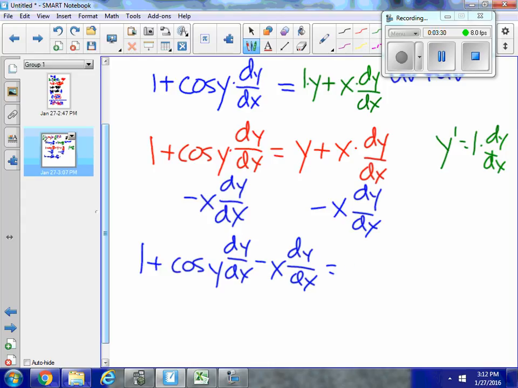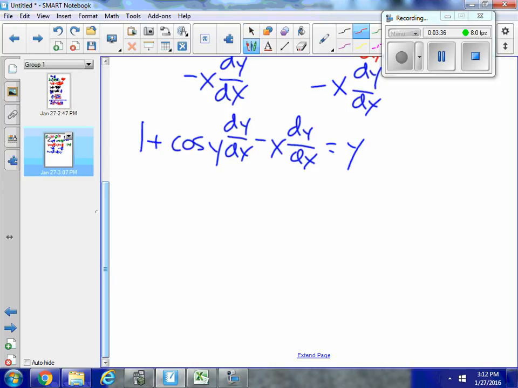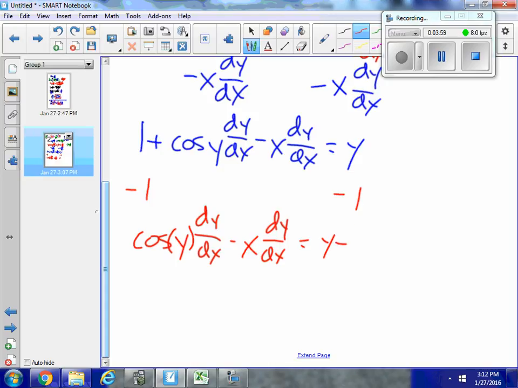And I want to get those dy/dx's all by themselves, so I'm going to subtract 1, and I'm going to get cosine y dy/dx minus x dy/dx is equal to y minus 1.